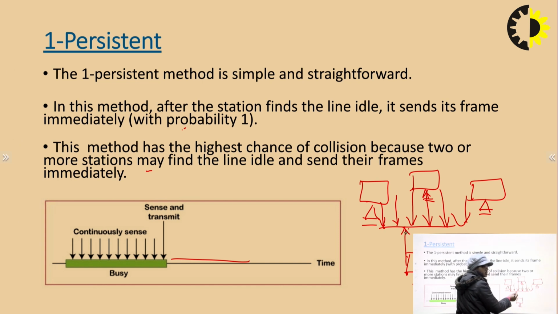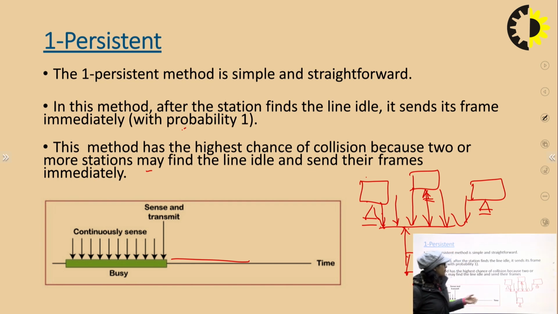As soon as the transmission is free, that is, the previous data reaches its destination, the rest of the devices can immediately send their data. This is the case of the one persistent method, right?